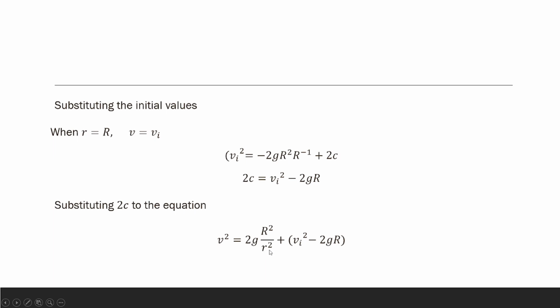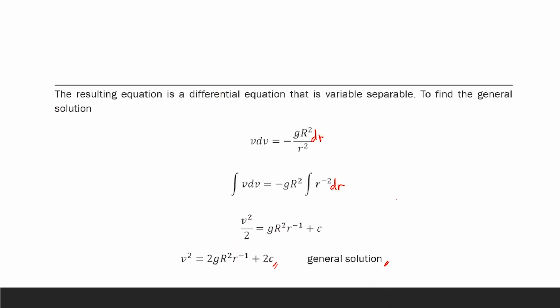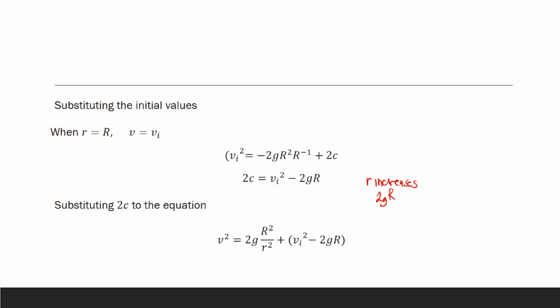And when r increases, what happens to this term? So, as r increases, the value of 2gR squared over r decreases. Why? Because as r increases, our denominator gets larger.